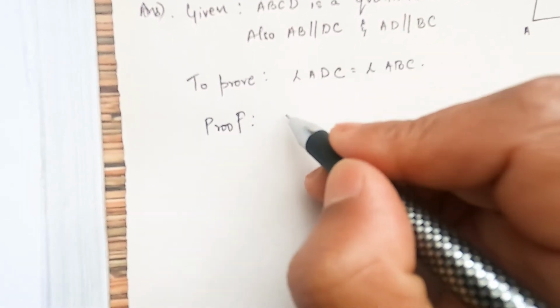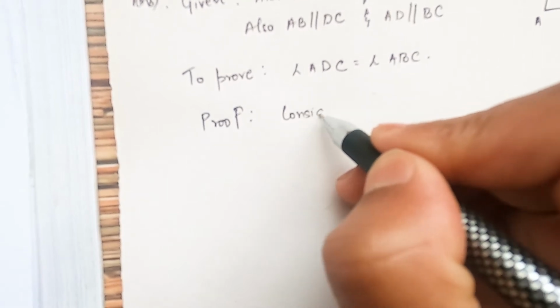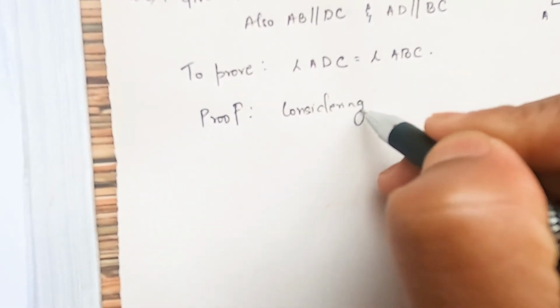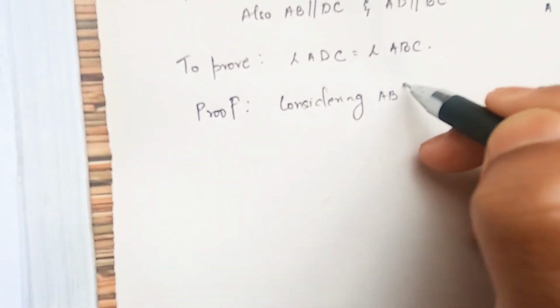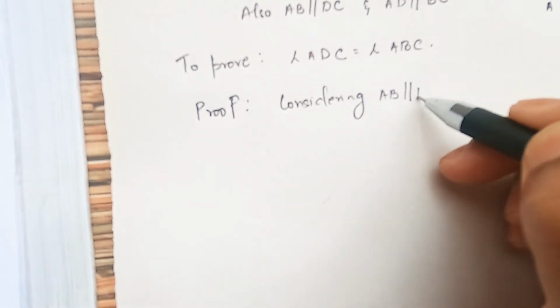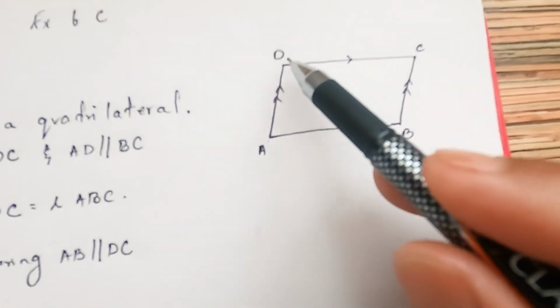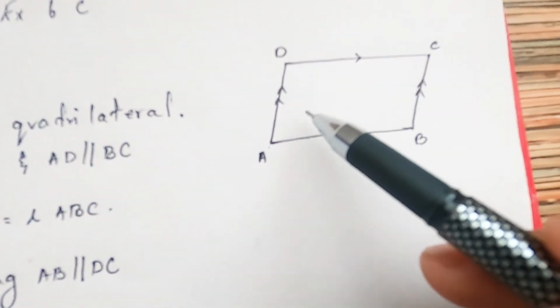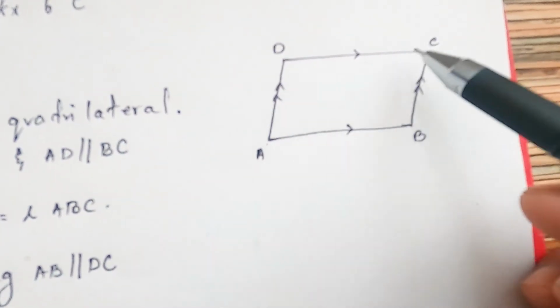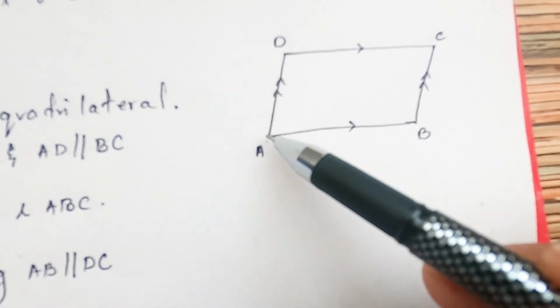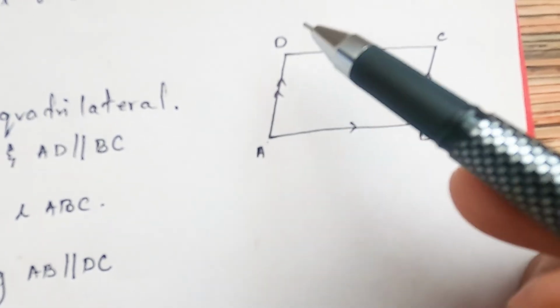All right, now proof. Considering AB is parallel to DC. Since AB is parallel to DC, we can say that AD is the transversal line.